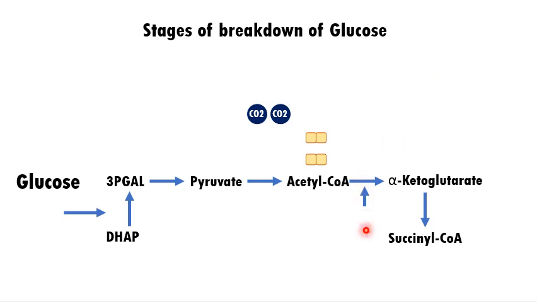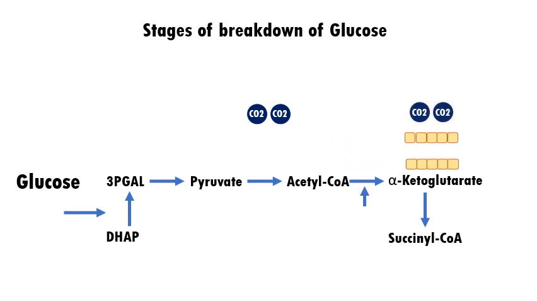So here the citric acid cycle begins, and we know that the acetyl CoA combines with a 4 carbon compound, oxaloacetate, to become citric acid, which is a 6 carbon compound. This citrate undergoes 2 more reactions, and isocitrate will form alpha ketoglutarate by losing 1 carbon from each molecule.